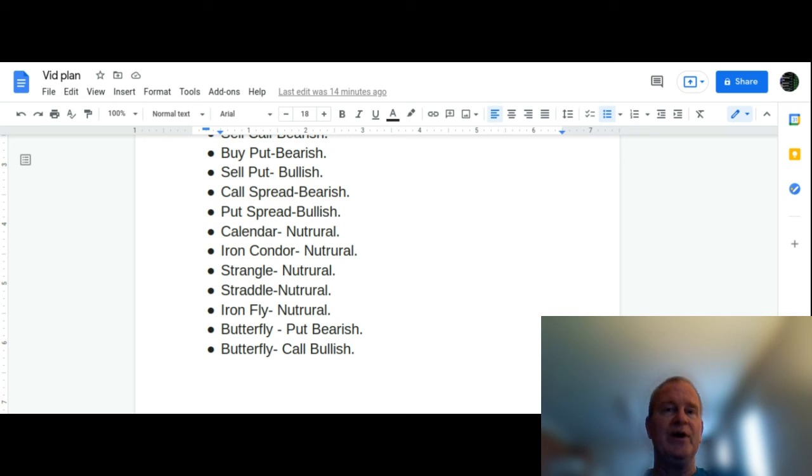You're going to collect a little credit on this to start with, but it has a sweet spot in it. If it expires right at the 50, your short strikes, you can make a pretty good sized payday on it, like 3 times the credit, okay? But if it goes above it, the losses can be big too. So you want to analyze a butterfly trade before you put it on.